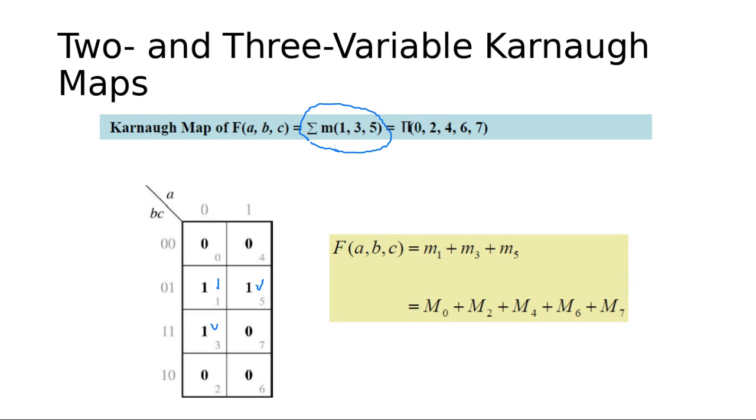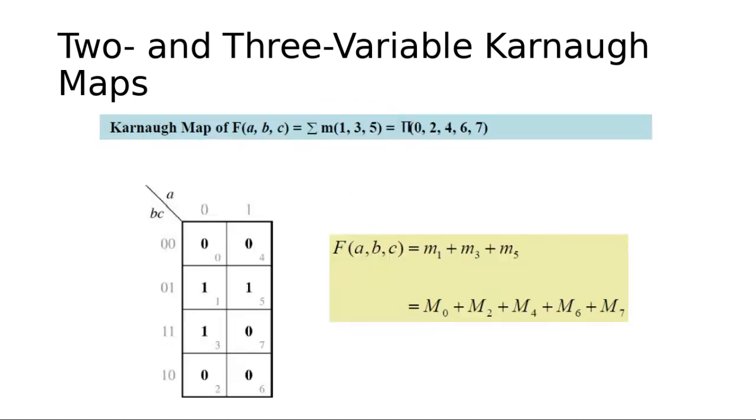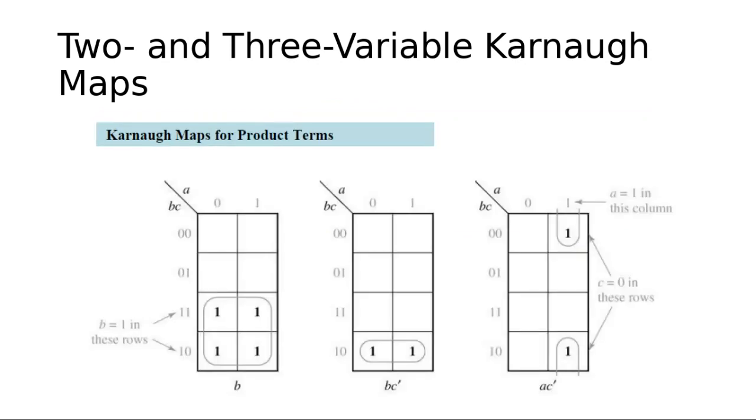It means 1, and there is a max term. The others is the 0. The others is the max term. You have this function: m1, m3, m5. So you know the numbers in here. So let's see some exercises.